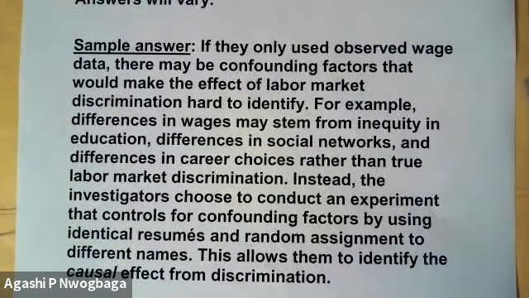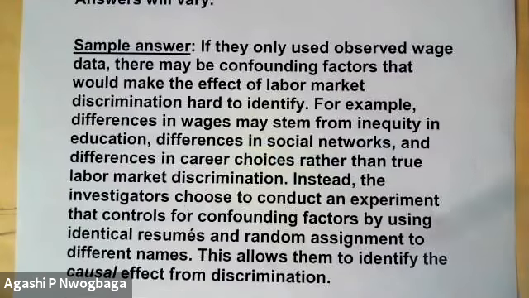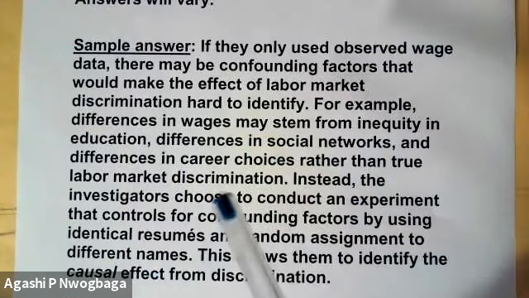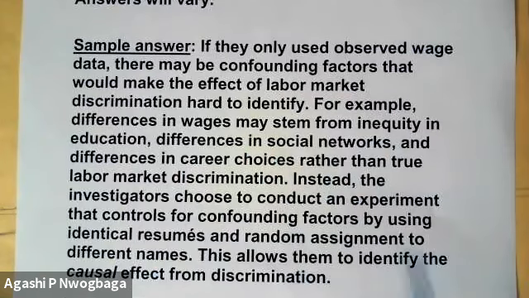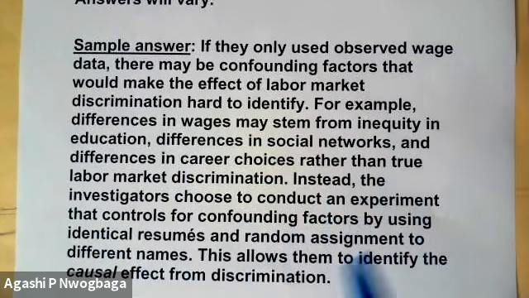If they only use observed wage data, there may be confounding factors that would make the effect of labor market discrimination hard to identify. For example, differences in wages may stem from inequity in education, differences in social networks, and differences in career choices, rather than through labor market discrimination.